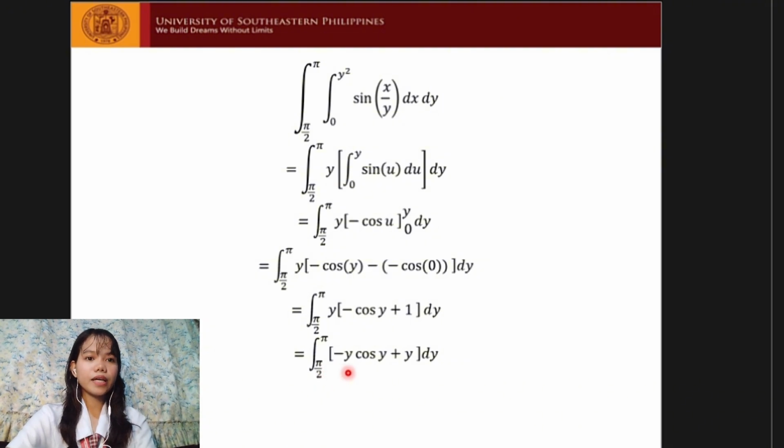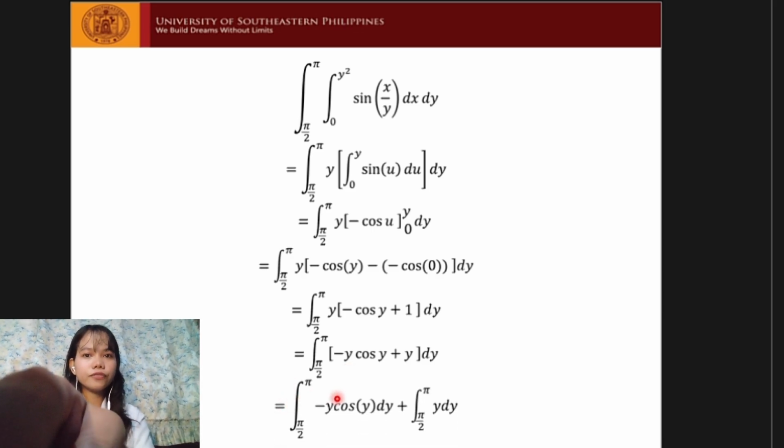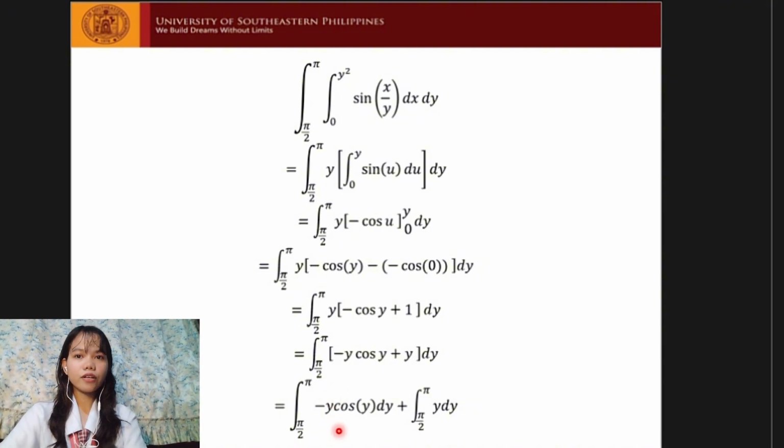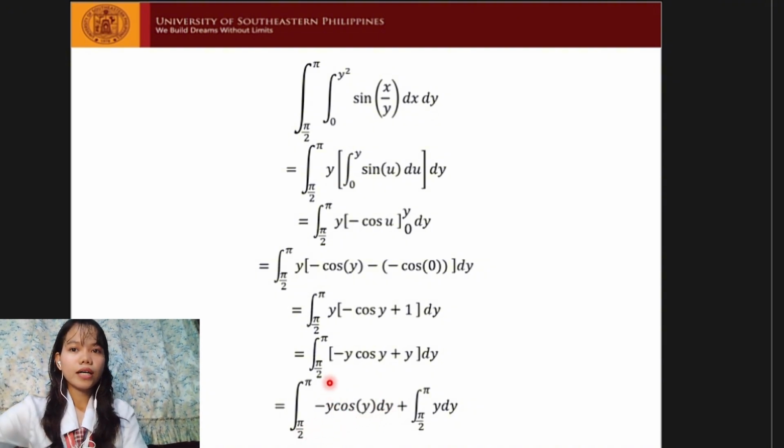So we can apply the addition property of the integration. So what we have right now is the integral of negative y cosine of y with respect to dy ranging from pi over 2 until pi, plus the integral of y with respect to dy ranging from pi over 2 until pi.